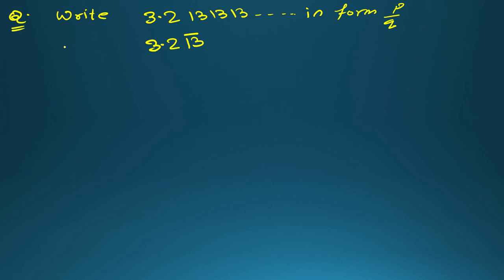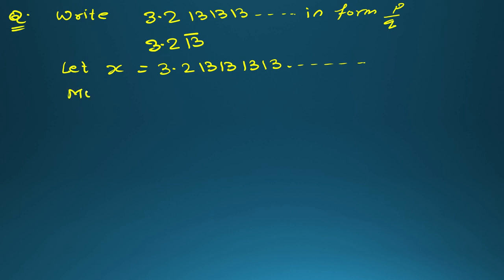So what I am going to do here: let x is equal to 3.2131313 and so on. First of all, the digit which is not repeated after the decimal point must come to the left hand side of the decimal point. Only one digit is not repeating, so this is the additional step here, the extra.